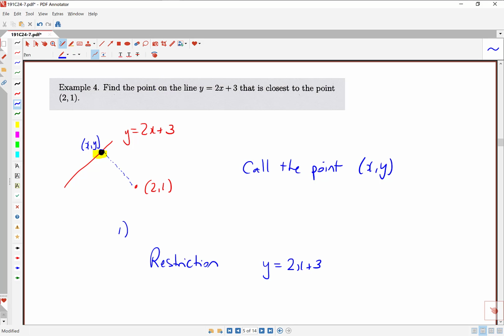Okay, then in terms of what we're trying to maximize or minimize, we want this point x, y to be as close as possible to the point 2, 1. So if we think of our distance here, let's call this d, distance between the 2 points, we are trying to minimize that distance. Okay, so minimize our distance d.